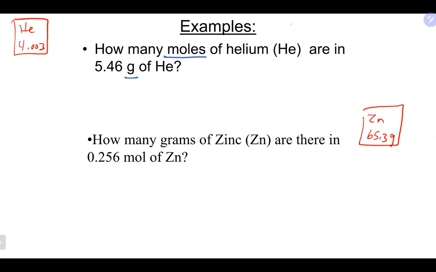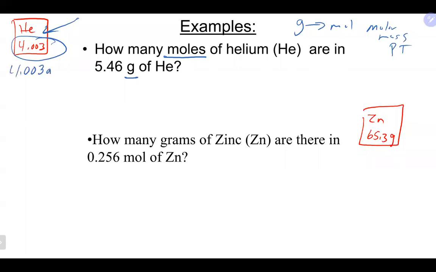This is really a grams to mole conversion, which means it's the molar mass that we need, and that is from the periodic table. We would find helium and see that number. That number represents that there are 4.003 grams per mole of helium.